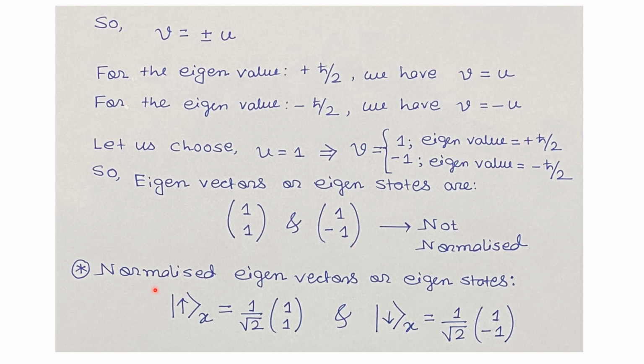In the normalized form, the eigenstates for the spin operator Sx cap are up spin, that is 1 by root 2 times the column matrix (1, 1), and down spin, that is 1 by root 2 times the matrix (1, minus 1).